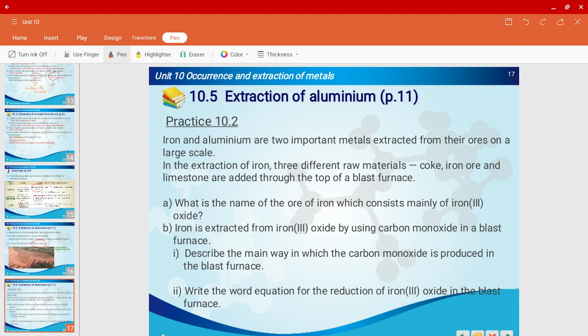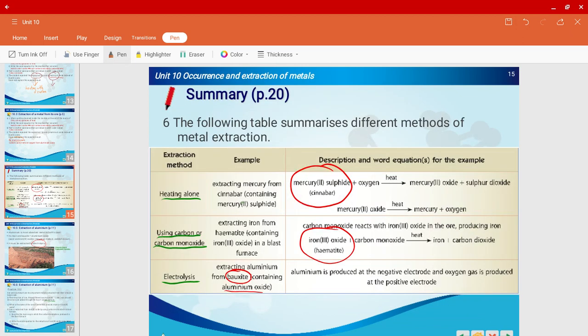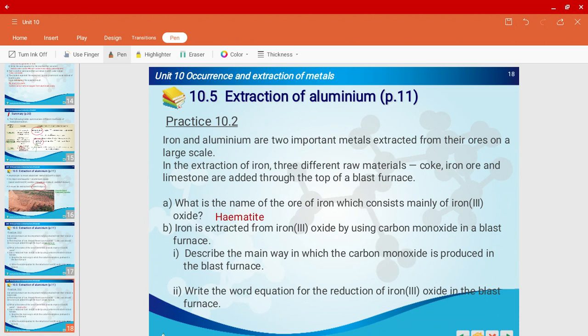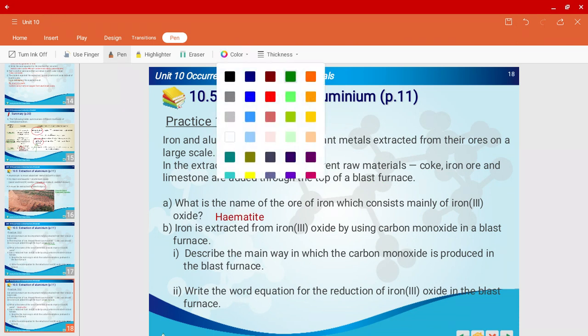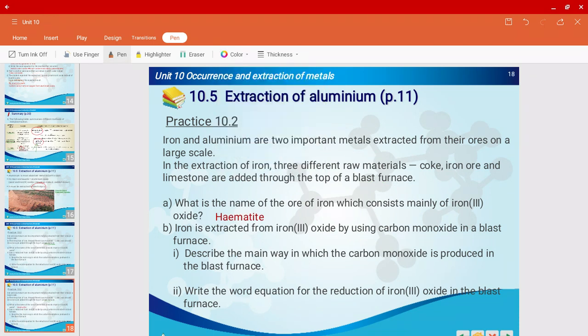So coke, iron ore, and limestone are added through the top of a blast furnace. So you have a blast furnace over here. What is the name of the ore of iron which consists of iron 3 oxide? For iron 3 oxide, as we see over here, the name of it is haematite. Okay, the spelling is quite interesting. Haematite.